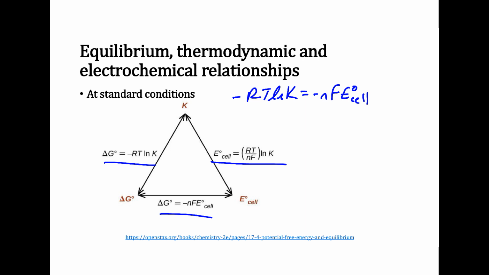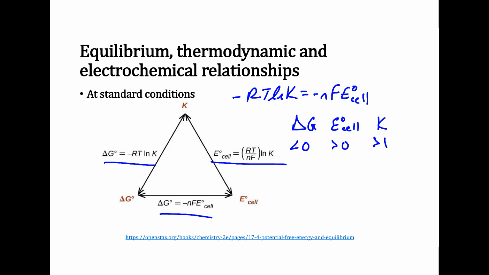So let's go ahead and look at the signs of delta G, E cell, and K. Okay, so let's look at the direction of the reaction, and we'll talk about spontaneous or non-spontaneous. If delta G is negative, so delta G is less than 0, it means that E has to be greater than 0, and K is going to be greater than 1.